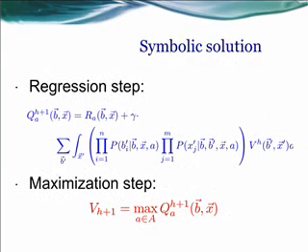Now that we have defined all our operations, all our functions, and all our variables, we can define the symbolic solution using value iteration, which was defined by Bellman in the 1960s. This is defined by a two-step algorithm. In the regression step, we simply add the current reward with the previous discounted value.